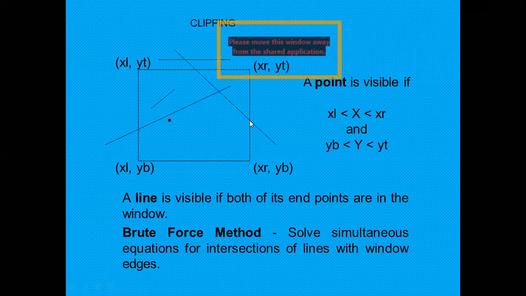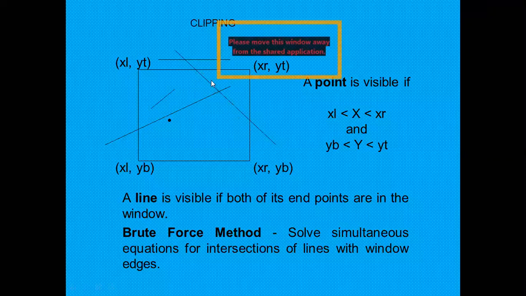Now, applying a particular method, we will reject this portion and this portion. Using the method, we will trivially reject these two portions. The remaining portion, between these two intersecting points, is lying inside the window.